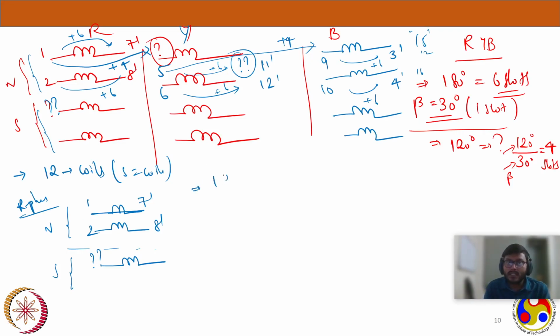Now how many slots is 180 degrees? We know that 180 degrees means 6 slots. So 6 slots, 1 plus 6, it will start from the 7th slot.